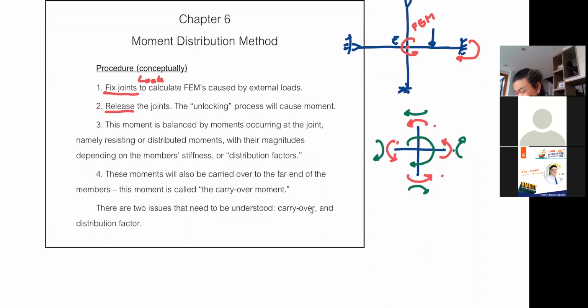Now, when you have this moment, another effect that will occur is that when I look at this member, when you have this moment here, surely this will cause the moment on the opposite end as well.